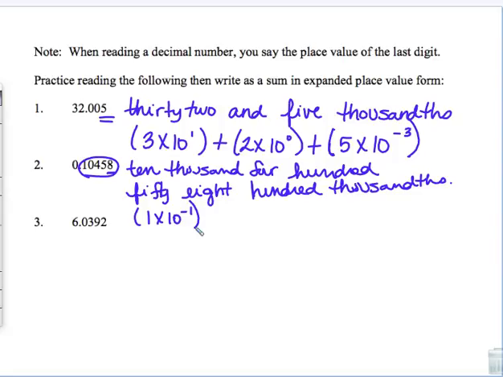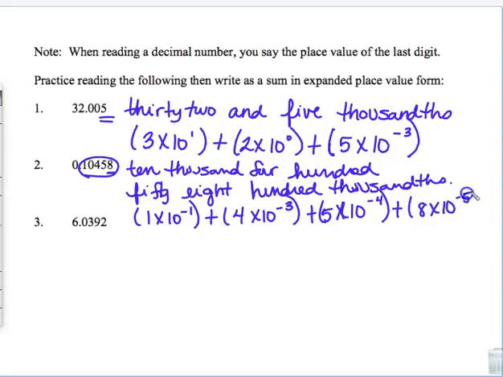The 4 is in the thousandths place, so it would be plus 4 times 10 to the negative 3. Then I have the 5, so it's plus 5 times 10 to the negative 4. And then the last one would be plus 8 times 10 to the negative 5. So there's the word and expanded form for number 2.